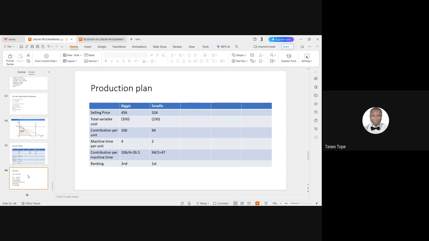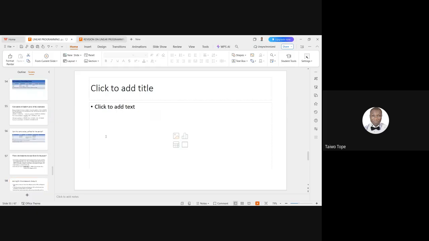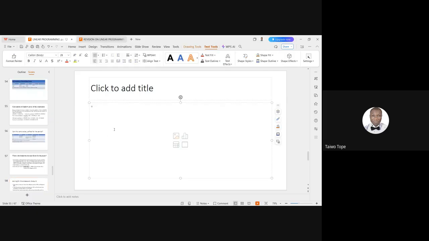Now, to solve for shadow price, when you add one unit of a scarce resource, what would be the new contribution, by increasing the constraint by 1? Let's quickly do that so that we conclude.